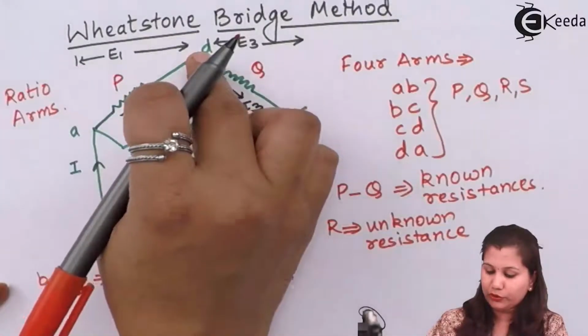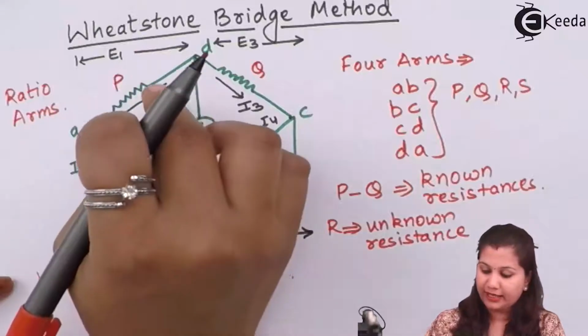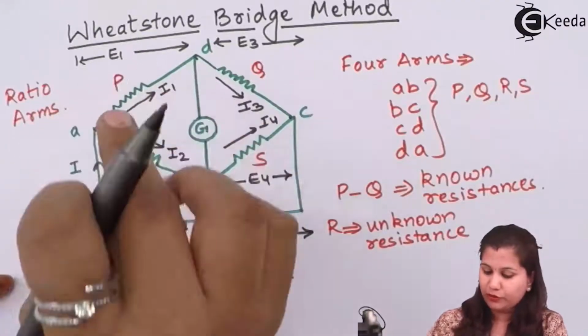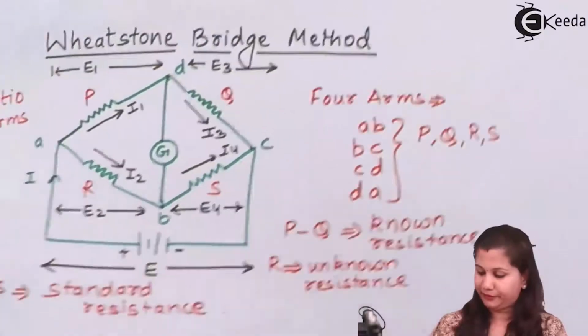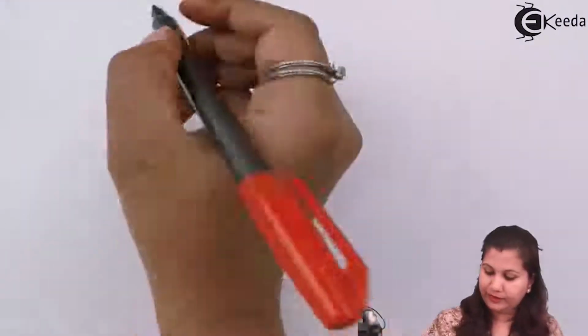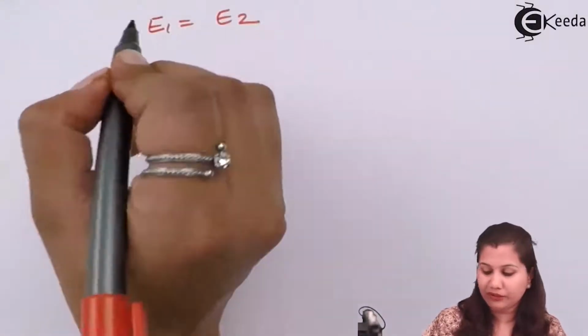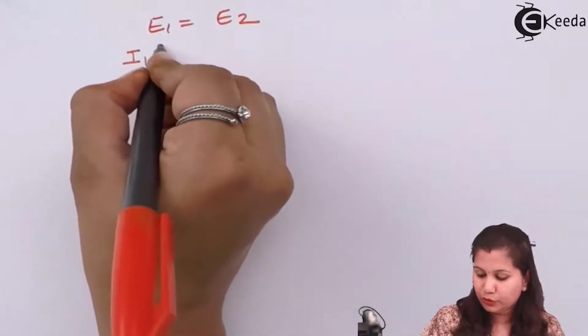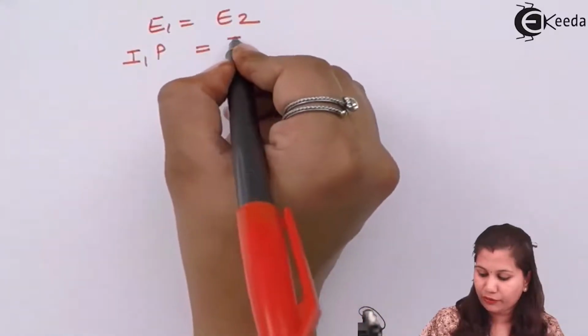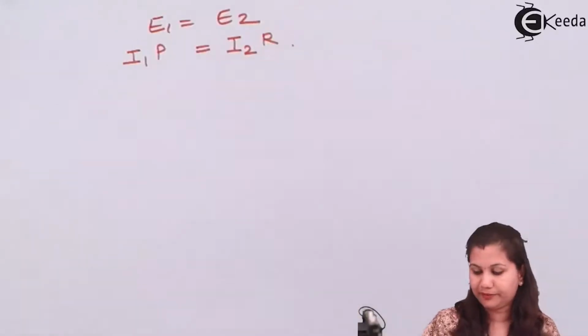It will be equal to the current I1 multiplied with the resistance, that is I1P is equal to I2R. So we can write the equation: if we take E1 equals E2, the value of E1 is I1 into P, and the value of E2 is I2 into R.